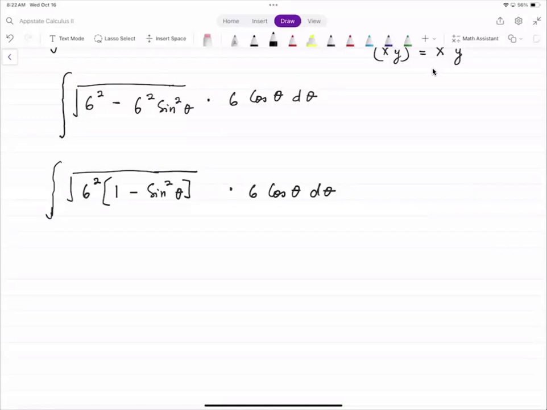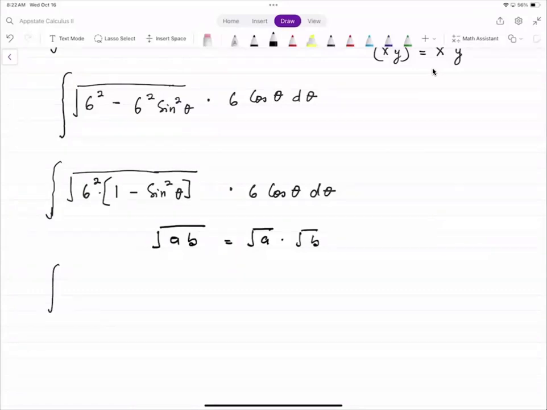Remember, if you have A times B, this is the same thing as A, B. Properties of sets. Remember, this is multiplying this. And so we have the integral.